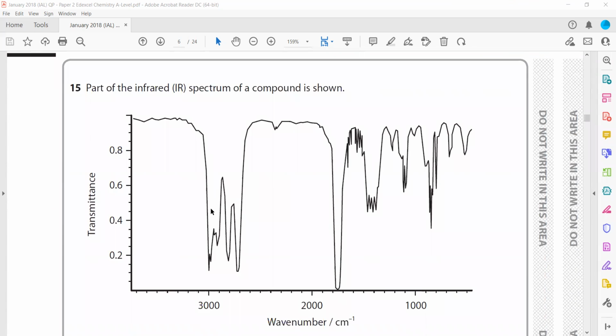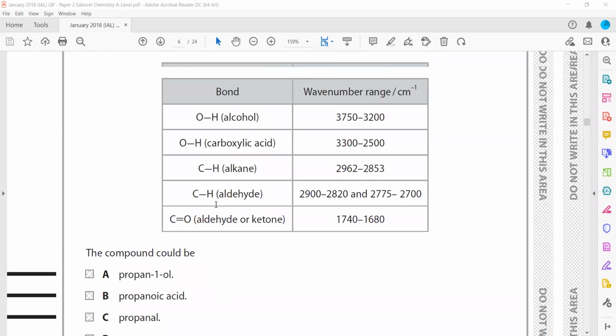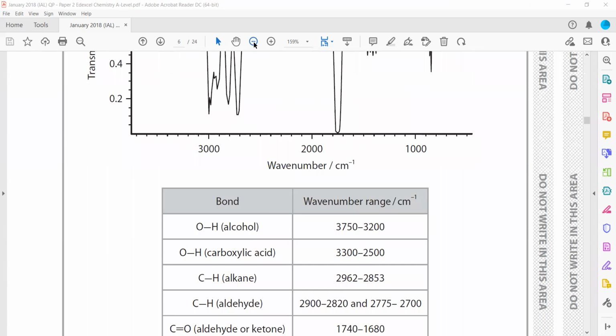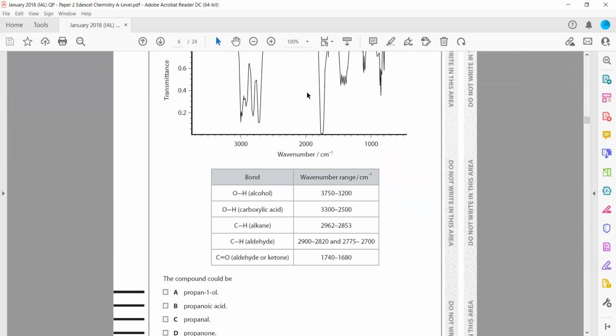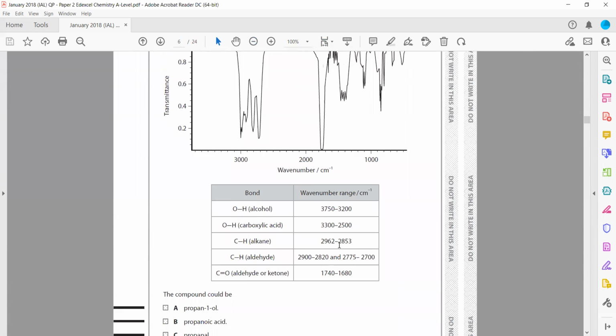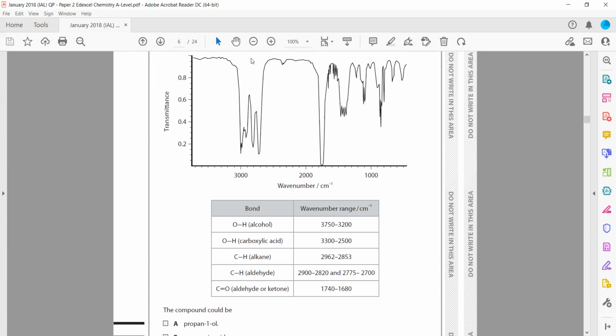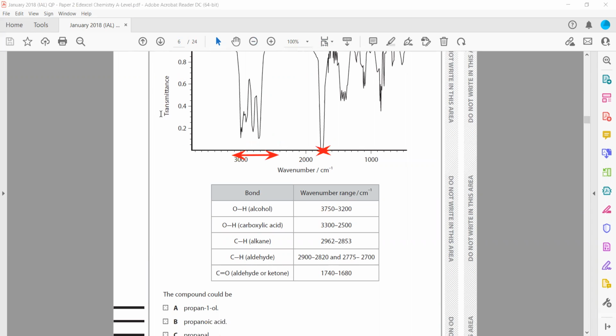The part of the infrared spectrum of a compound is shown, with the wave numbers which are absorbed also given. We have to identify which compound this is, so we have to use the spectrum here. As you can see, there's a broad range here and there's a sharp peak.